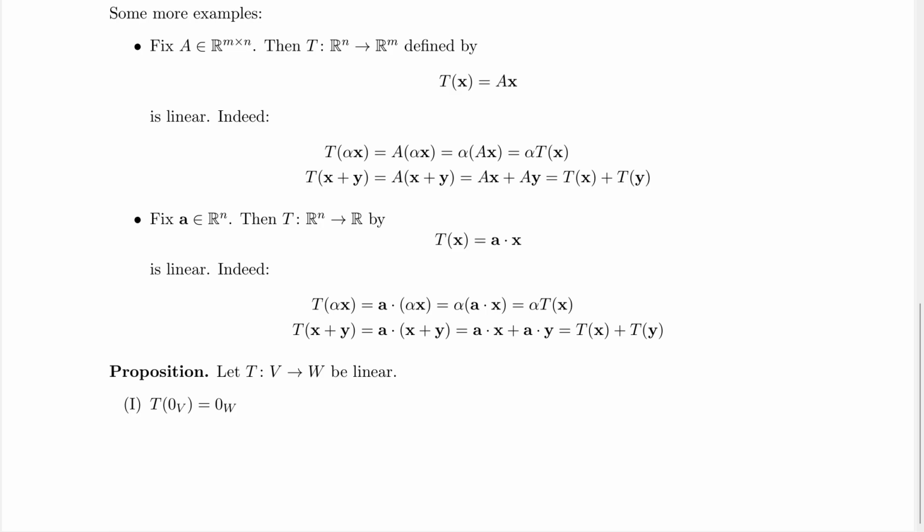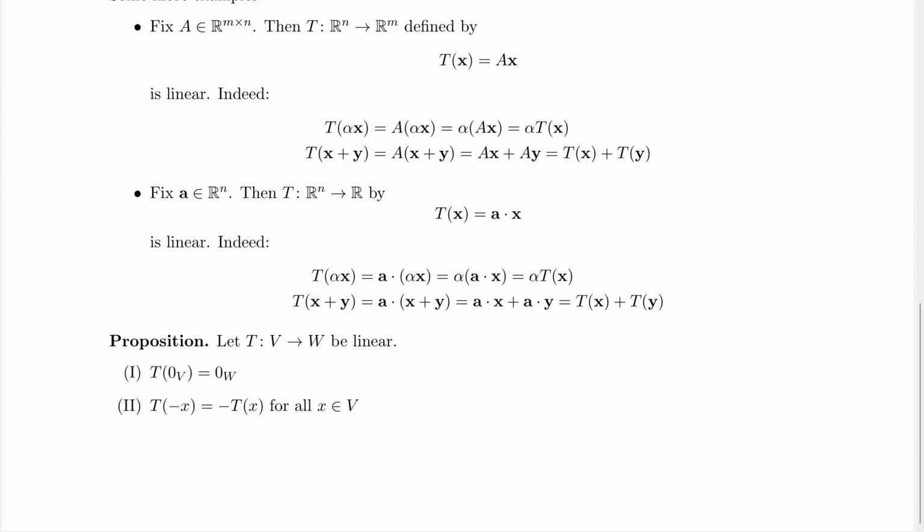And furthermore, we know that in addition to the additive identity having to exist, we also know that additive inverses have to exist, and linear mappings have to respect those as well. So, linear mappings respect the fundamental operations of vector spaces, the scaling and the adding, and the other axioms that guarantee the existence of things, the additive identity and the additive inverses, linear mappings have to respect those as well.